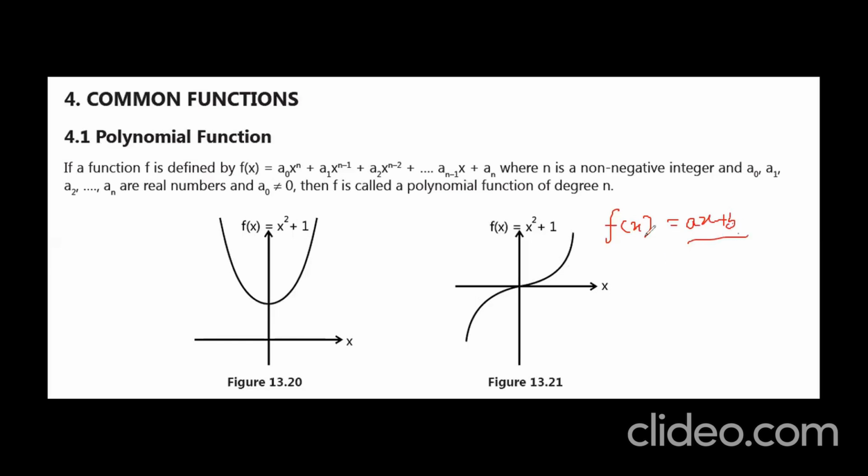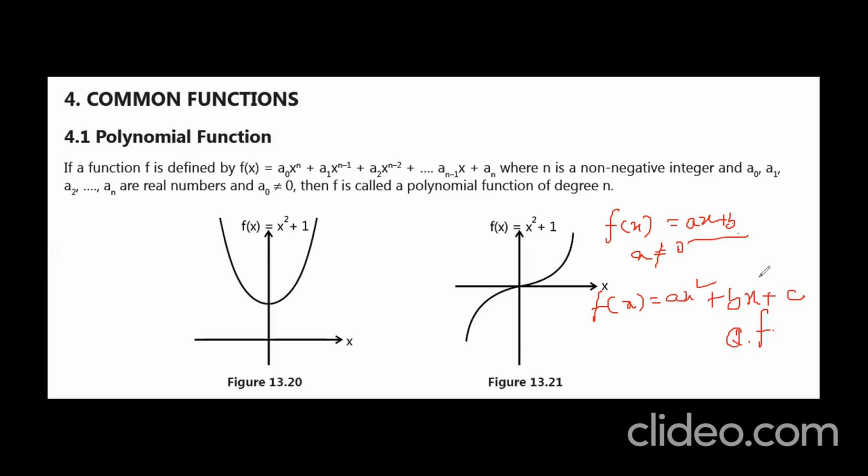This is a linear function, right? Linear function in which a should not be equal to 0. Similarly, f of x is equal to ax square plus bx plus c. We know this is a quadratic function. So these are the different types of polynomial functions.